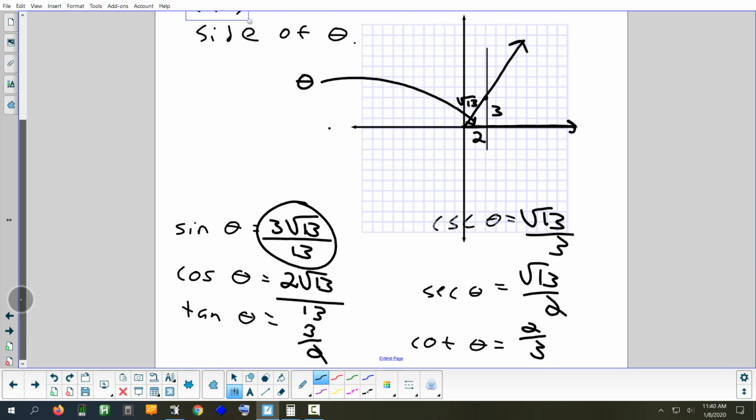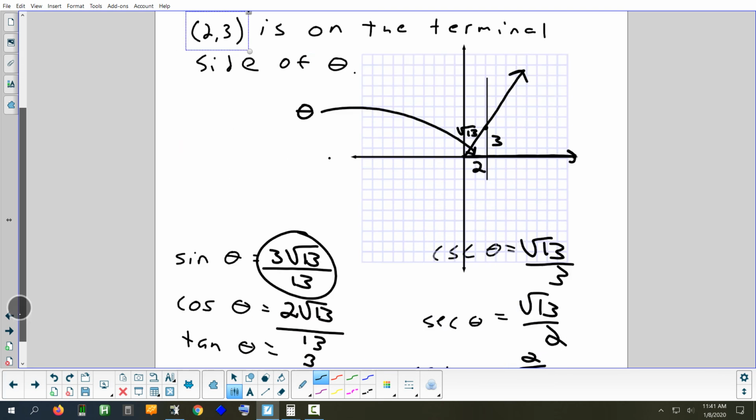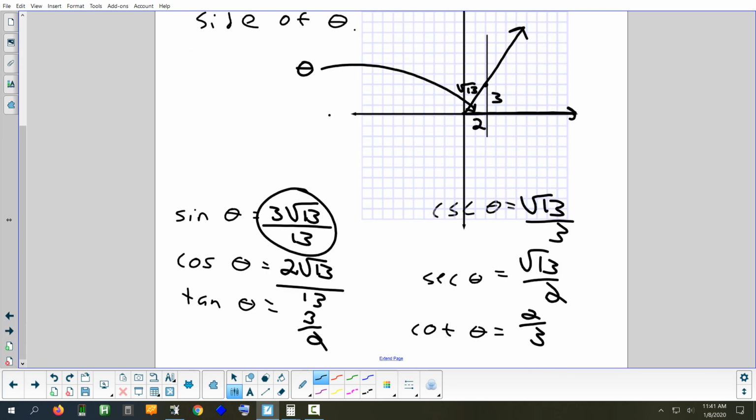So now I'm going to take it that next step and solve for the angle. Any one of these 6 pieces of information is enough for you to solve for the angle. You basically have 6 different ways you could do it. My advice, pick that one.